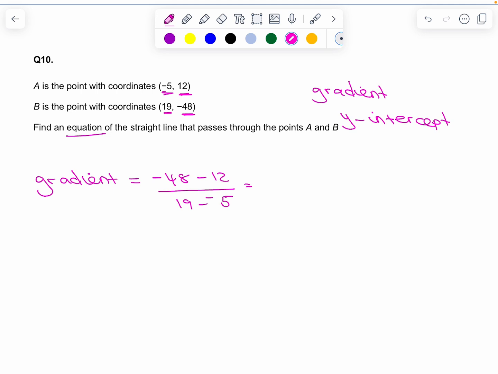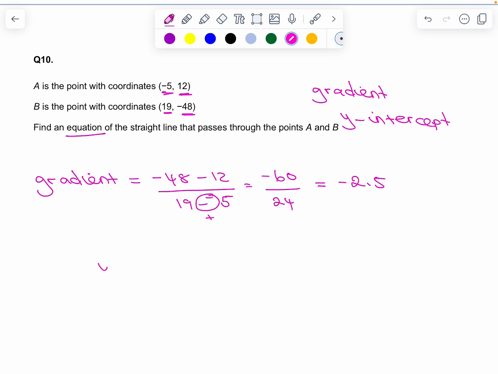And that is, so minus 48 take away minus 12 is minus 60. And 19 take away minus 5 makes plus 5, which is 24. And minus 60 over 24 is minus 2.5. So our gradient of the line is minus 2.5.